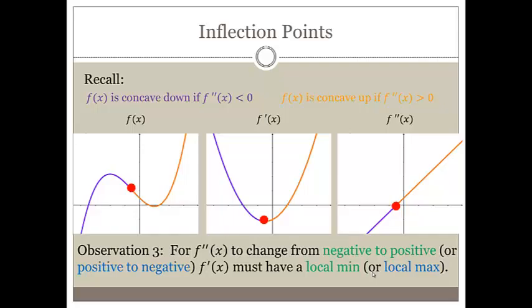Notice, if f double prime of x is 0, that means it's a critical point for f prime of x. Furthermore, f double prime changes from negative to positive, which means that it's a local min for the graph f prime of x. Similarly, if f double prime of x changed from positive to negative, then we would have a local max for f prime of x.